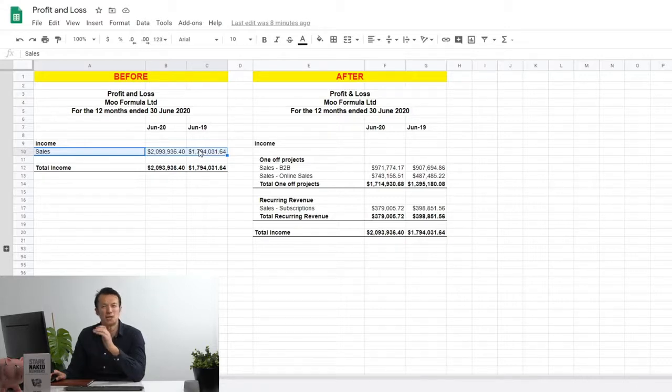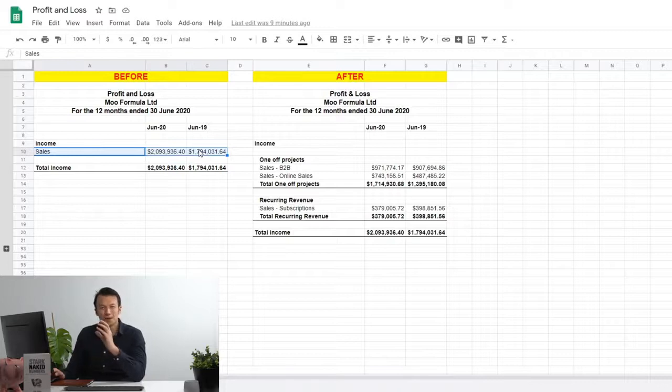Equally, I want to understand the recurring versus non-recurring nature of these sales. So we can further define our revenue by setting up new accounts in our chart of accounts to be more specific about our revenue. Now, don't worry about doing this right now because I'm going to demonstrate exactly how to do it within the homework.